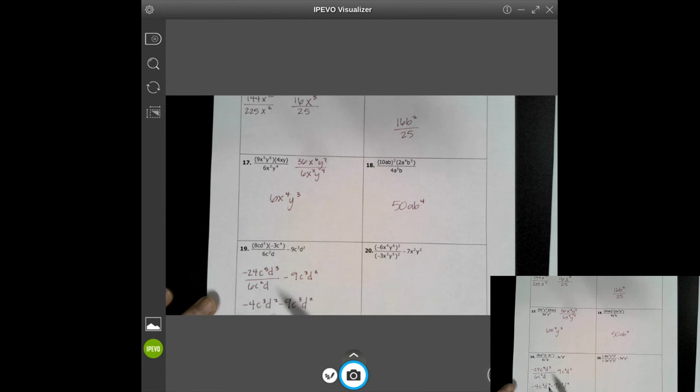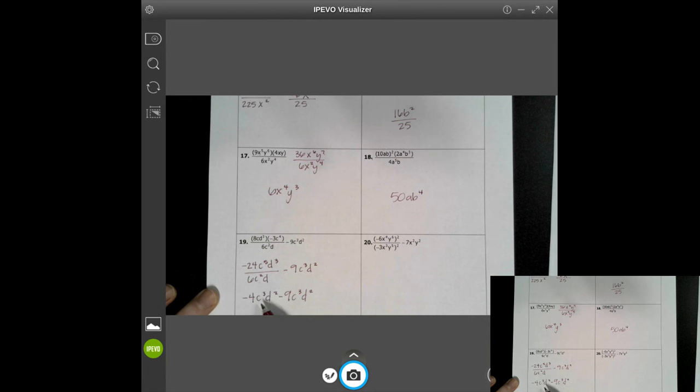So since I have the exact same variables, c to the 3rd, d to the 2nd, I can just combine my coefficients together. So negative 4 minus 9, that's the same as negative 4 plus negative 9. So this becomes negative 13 c to the 3rd d squared.